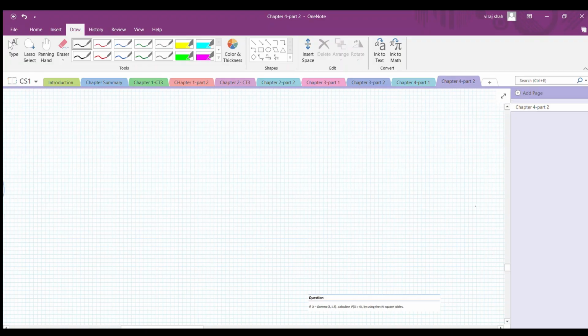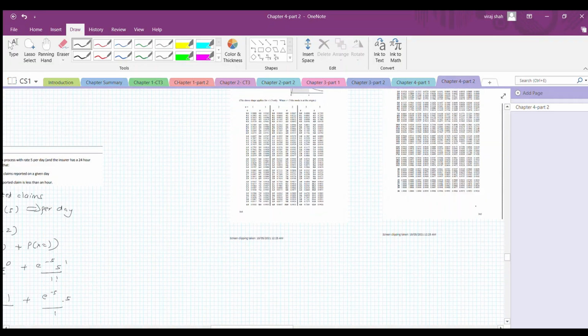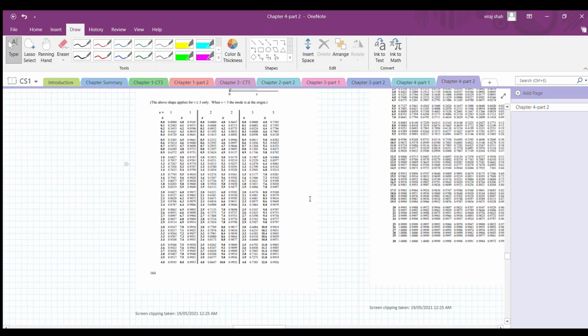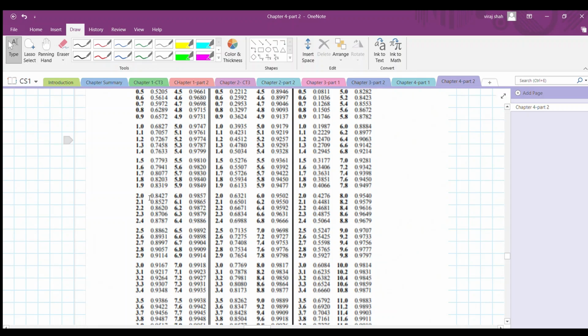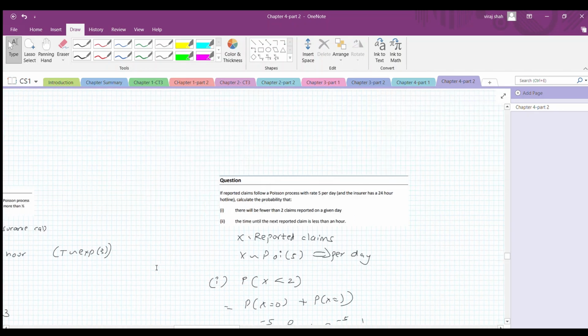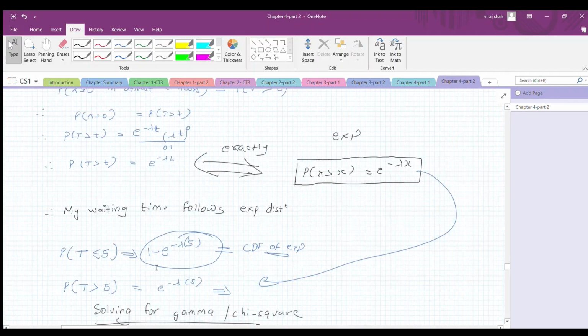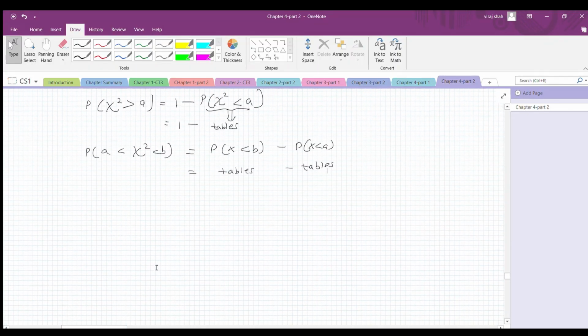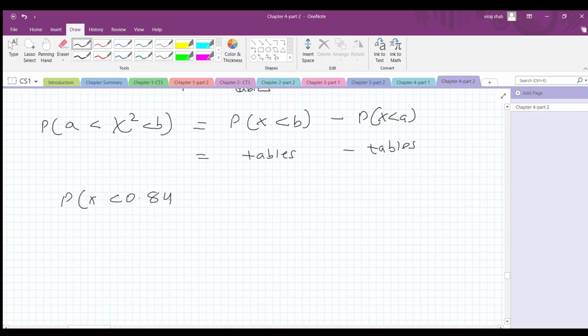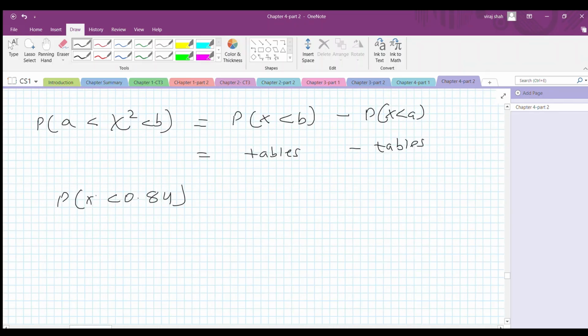Basically, if you see, my probability values are given in multiples of 0.5 only, right? But if I'm asked to find the probability of x less than 0.84, suppose, then how do I find it? I find it using the formula of interpolation.